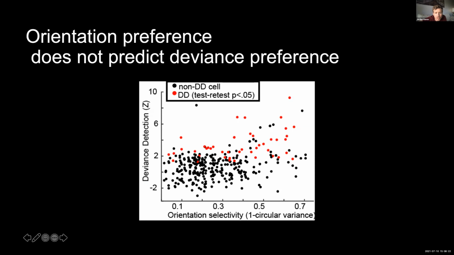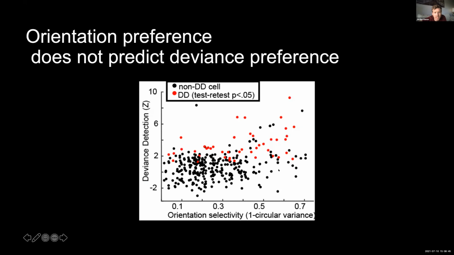And as you can see, there are quite a few deviance detectors which show very strong orientation selectivity. There are also quite a few neurons which don't exhibit deviance detection that have strong orientation selectivity. And likewise, there are plenty of deviance detecting neurons which don't show very strong orientation selectivity at all.